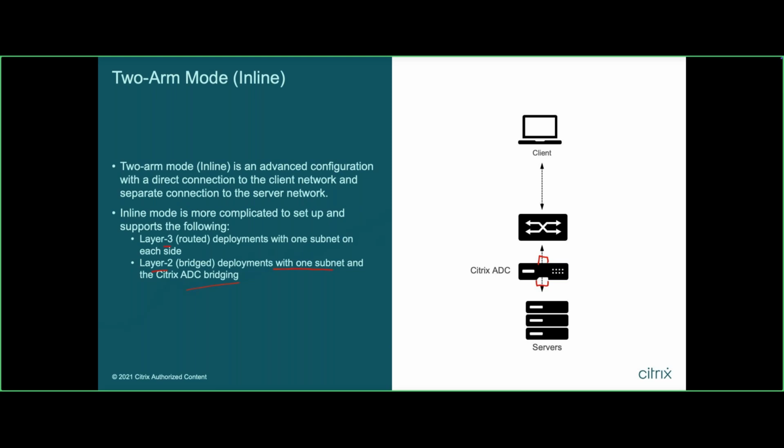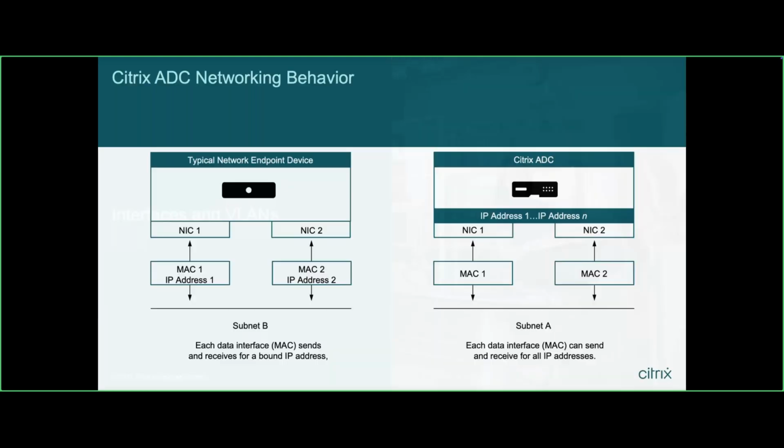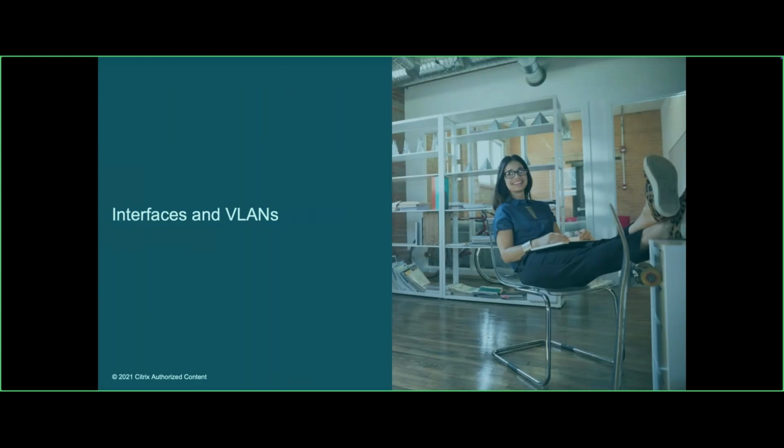Then you can create your VLANs. If you're using Hyper-V, you need to have multiple network cards on your Hyper-V that you can virtualize and attach to your ADC.